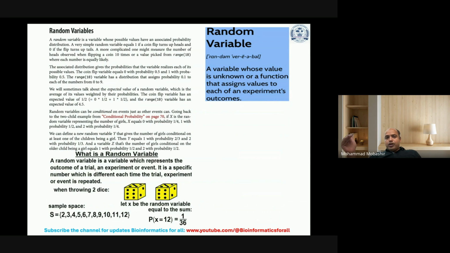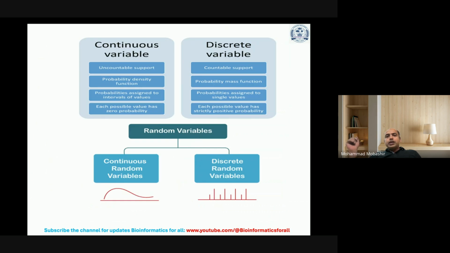For example, when throwing two dice, then what could happen? This is what you can understand here.